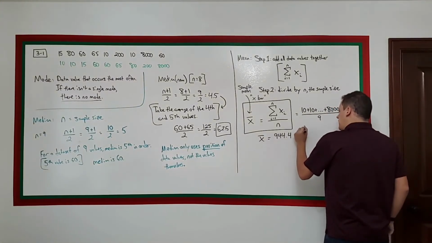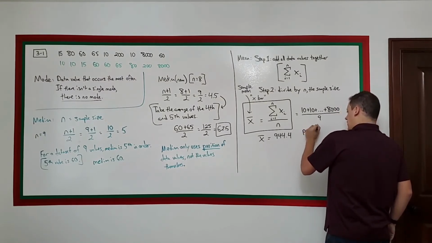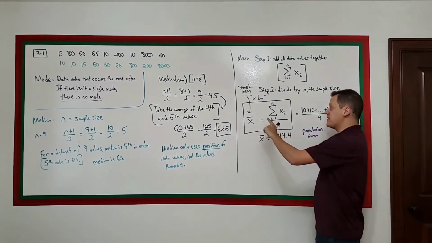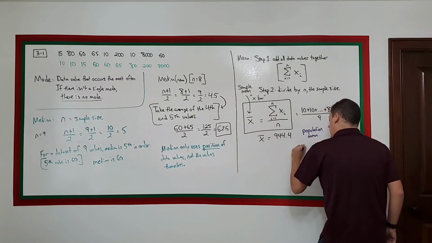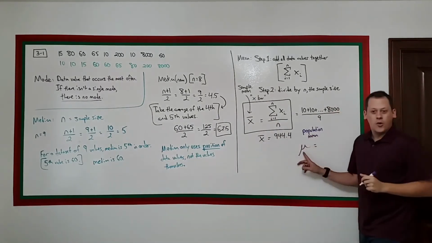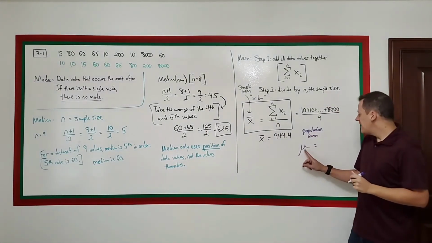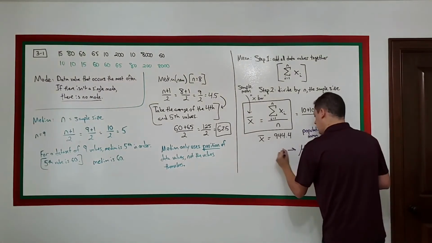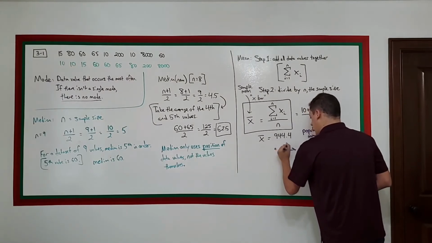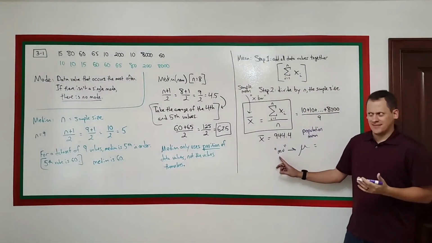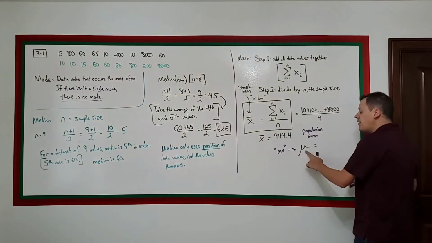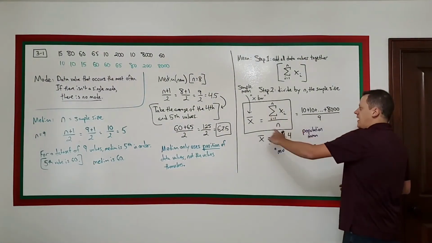A population mean, we don't call it X bar anymore if it's for a population. We actually call it this. This is the Greek letter mu, spelled m-u in English, mu, and the calculation is still the same as this.